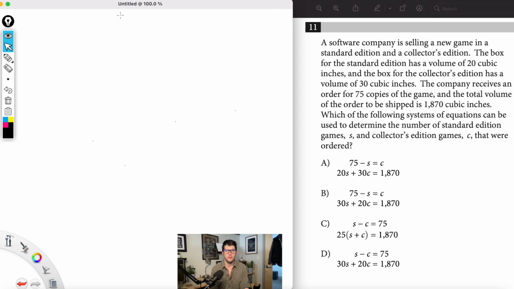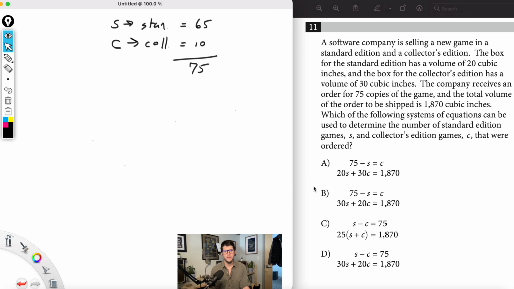And my normal move is write down just something when I read it so that I don't have to review. Standard, collectors. The company receives an order for 75 copies of the game. Okay, so that means something like I could make this 65 and this 10 so that they add up to 75.